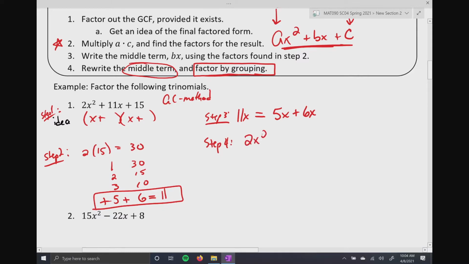2x squared plus 5x plus 6x plus 15. And Samantha, that is where I went from a trinomial into 4 terms. And once I'm in 4 terms, I know I can group them.